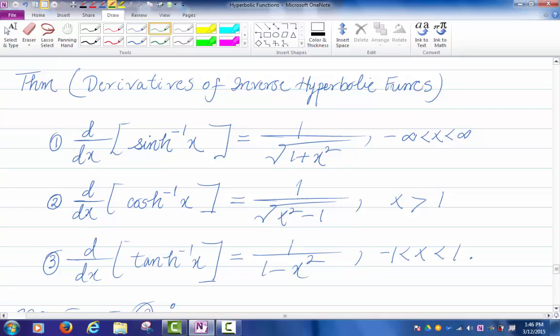But here I have root of x squared minus 1. And for inverse tangent, we had 1 plus here. It is 1 minus here. Very similar formulas, but a little bit different. And remembering which one is plus and which one is minus sometimes could be a little bit problematic.